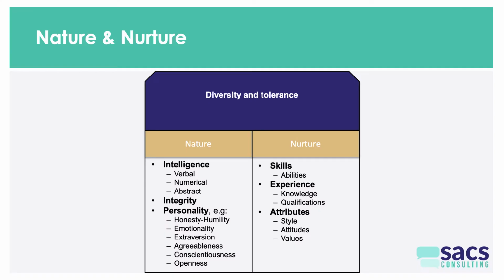Now, the reason that this is all on the nature side is it turns out that cognitive ability, intelligence, IQ, is probably about 70% genetically determined. Some say 80, some say a little less, but twin studies show that there's a strong genetic component. Integrity, which is the probability of doing good or bad stuff, is probably about 50% genetically determined, and personality, let's say between 60 and 75% genetically determined.